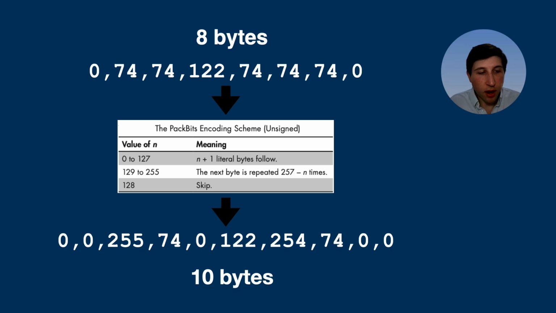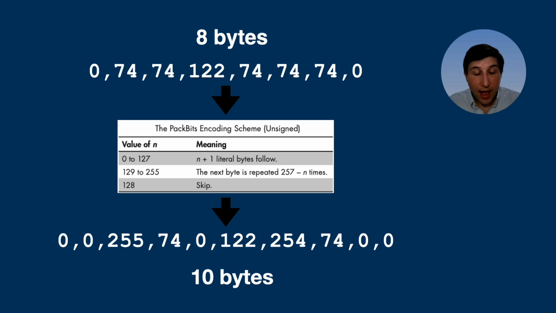So if a number is supposed to just not repeat that many times, then we call it literal bytes. And so what we first have is an indicator saying how many literal bytes there are going to be. And if you get a value between 0 and 127, then it means that there's going to be that plus 1 number of literal bytes that follow.